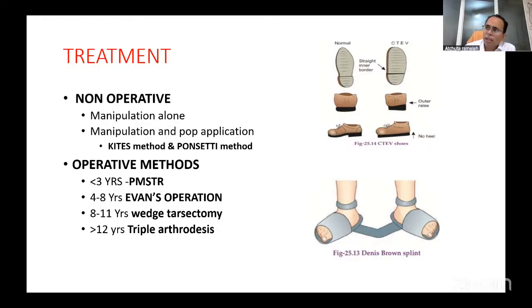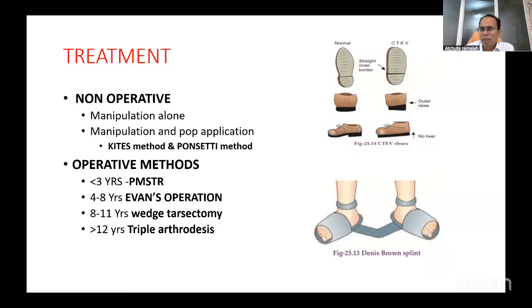This tendoachilles lengthening is done by 2-3 methods. One is by using a percutaneous needle: holes are made in the tight tendoachilles, and with the force of minimal dorsiflexion, the deformity will be corrected. Needle tenotomy.